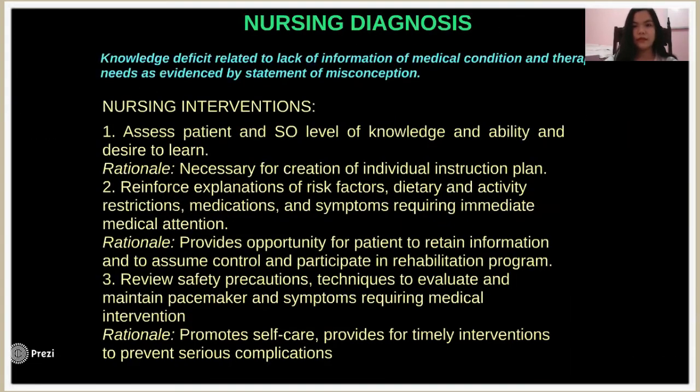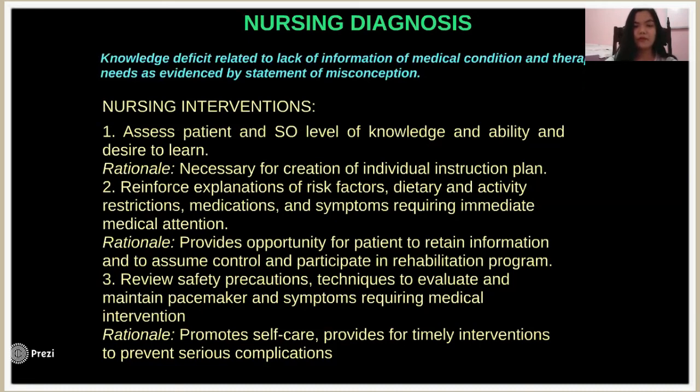The second nursing diagnosis for conduction abnormalities is knowledge deficit related to lack of information of medical condition and therapy needs as evidenced by statement of misconception. The nursing interventions for this diagnosis are, first, assess patient's and SO's level of knowledge and ability and desire to learn. It is necessary for creation of an individual instruction plan.